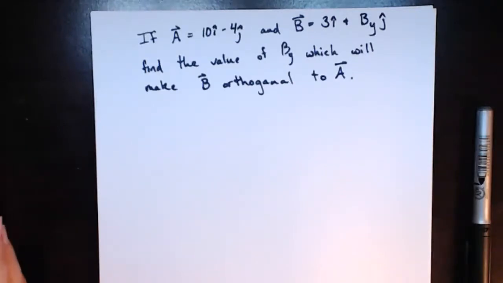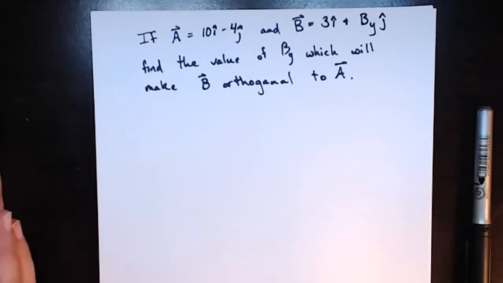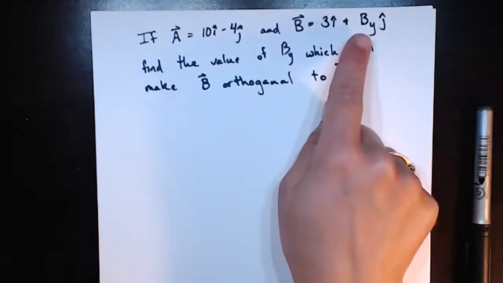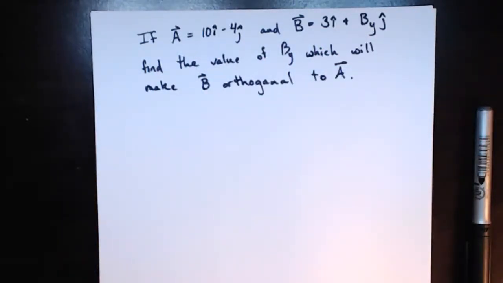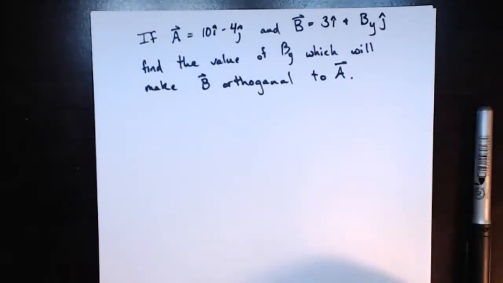But if they're perpendicular, then no portion of the first vector is in the direction of the other vector, or vice versa, so the dot product will equal 0. You see this in the AB cosine theta version of the dot product as well, because cosine of 90 degrees is 0. So what we can do is just perform a dot product, set it equal to 0, and solve for B sub y. And then we will have whatever component needs to go here for them to be orthogonal.